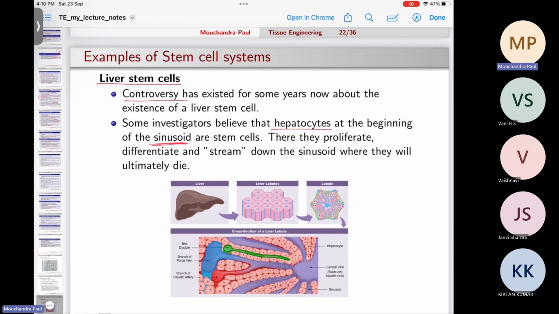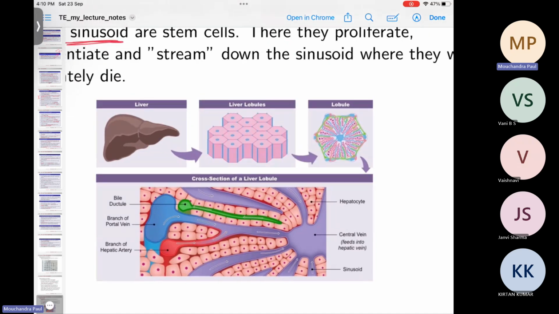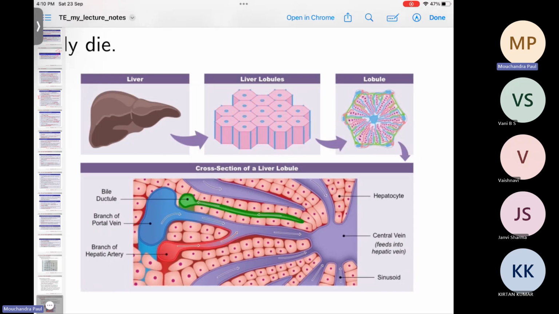So what is a sinusoid actually? For understanding what a sinusoid is, you have to first briefly understand the structure of a liver. In this diagram, you will see this is a liver, and the liver is composed of liver lobules.